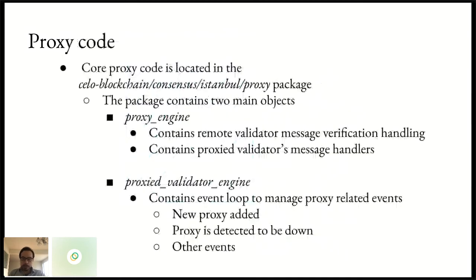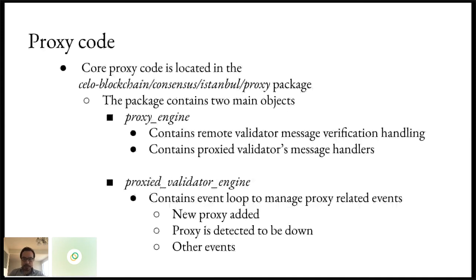So the implementation of our proxy is located within this Istanbul proxy package. This package contains two main objects. One of these objects is the proxy engine object, and this object is used by all proxy nodes.